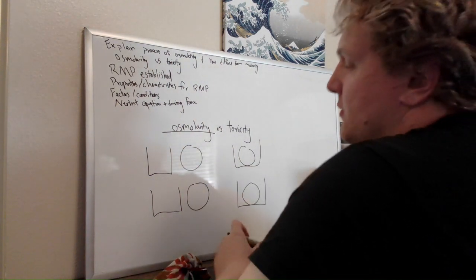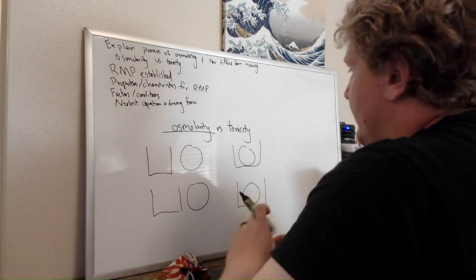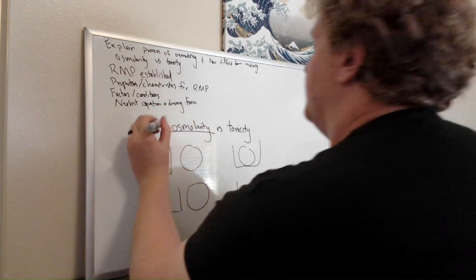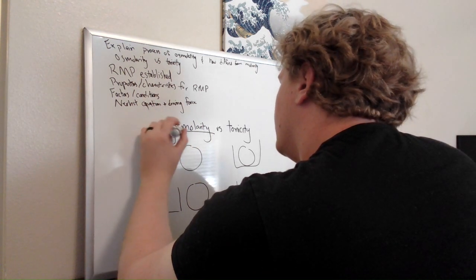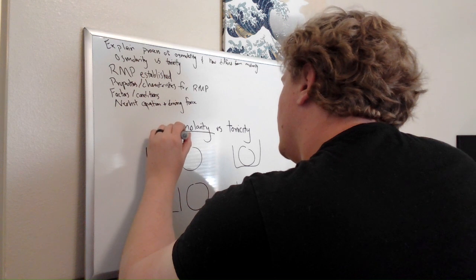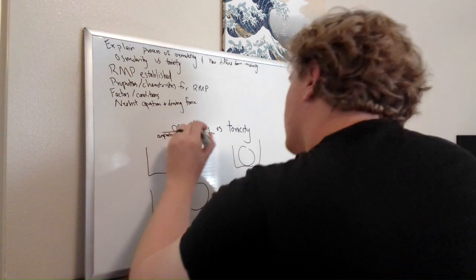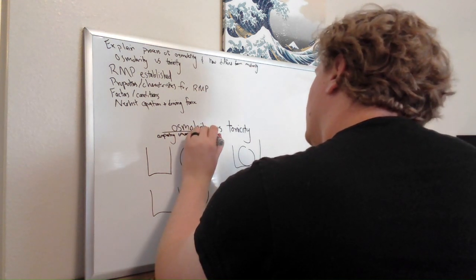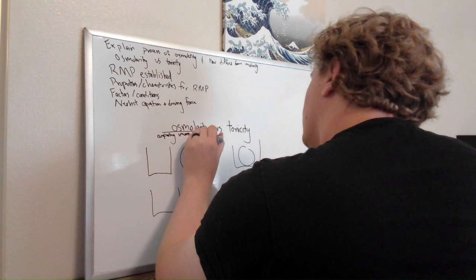The little circle is going to represent a cell. This is going to represent a container. Osmolarity is when we're comparing two solutions, or we're comparing the amount of solute between two solutions.